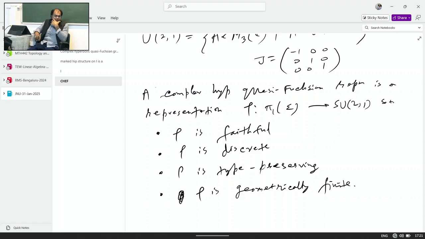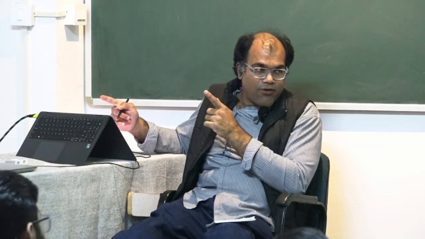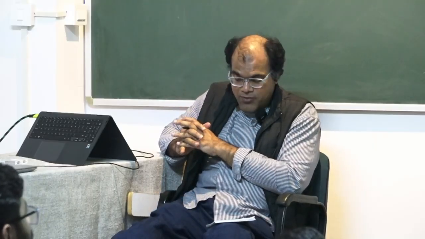For discrete subgroups of PSL(2,R), type preserving automatically implies geometric finiteness, but for SU(2,1) it does not. So we have to add this condition. All discrete faithful type preserving geometrically finite representations are called complex hyperbolic quasi-Fuchsian representations, and their image is called a complex hyperbolic quasi-Fuchsian group, and the space of all such representations is called complex hyperbolic quasi-Fuchsian space.